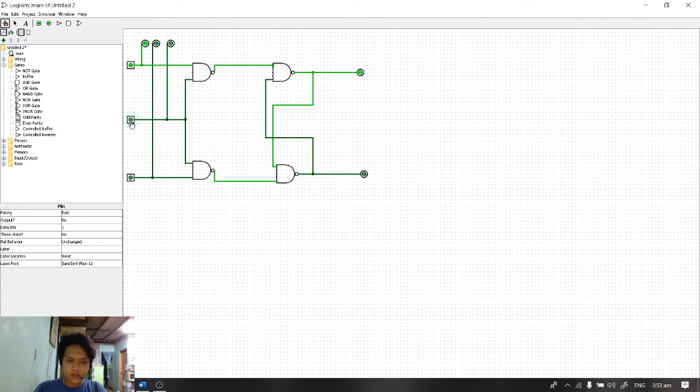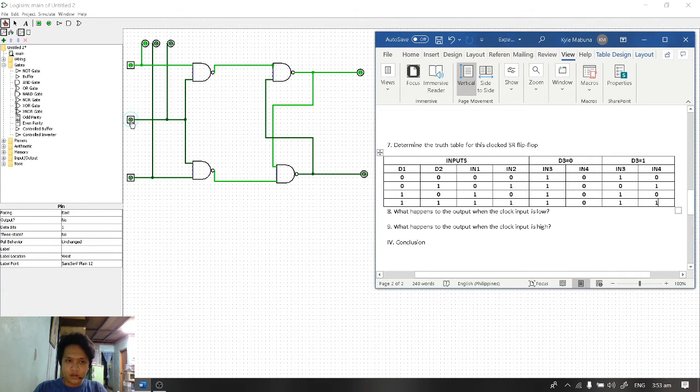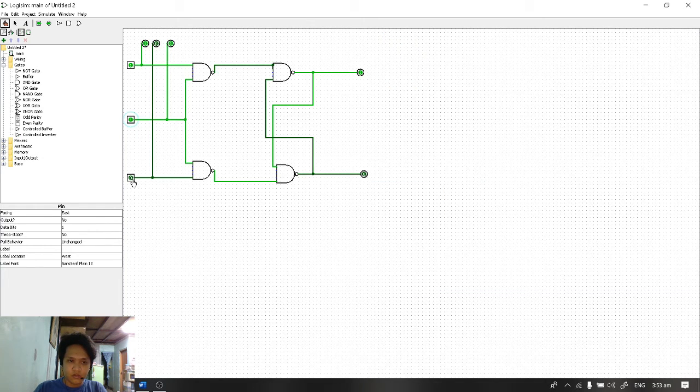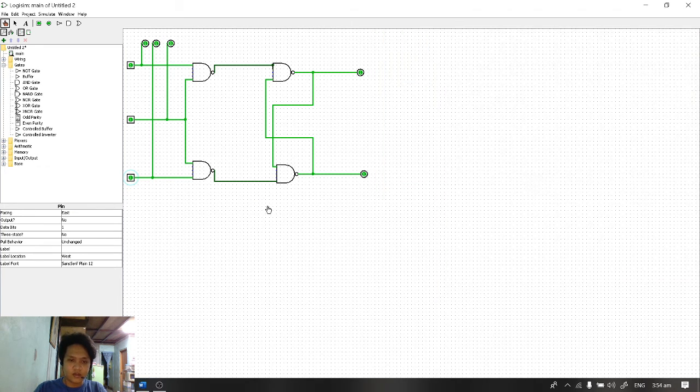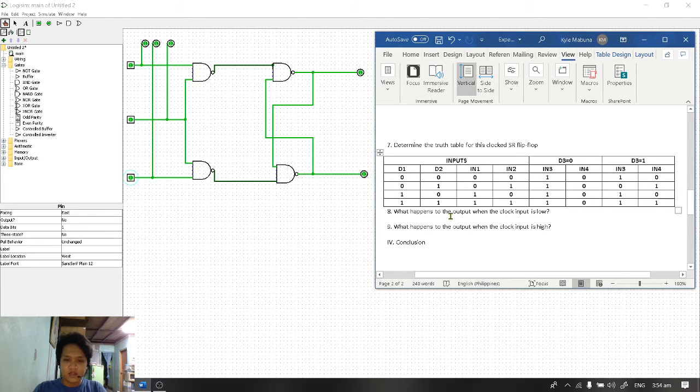Next one, if both of them are 1, then the in 1, in 3 and in 4 will be 1. So that's all for the circuit number 2 truth table.